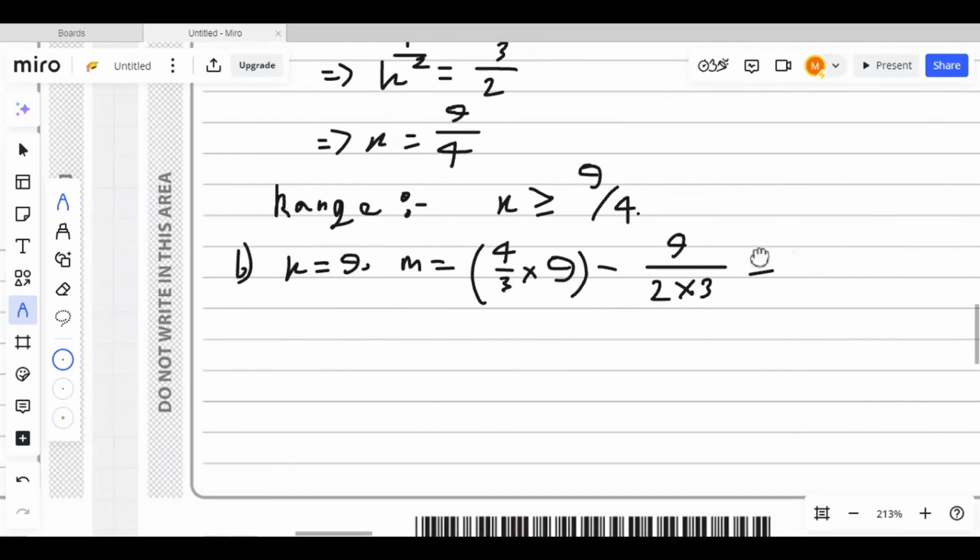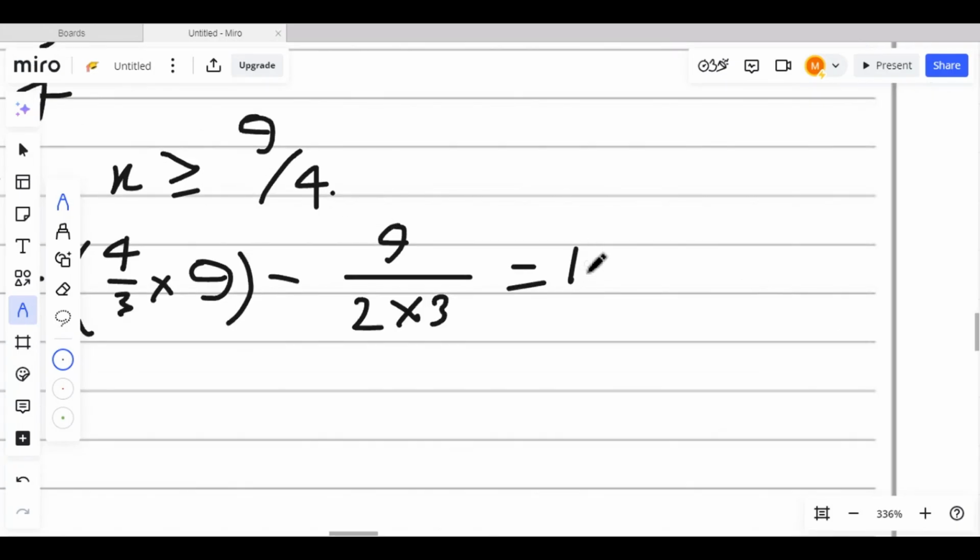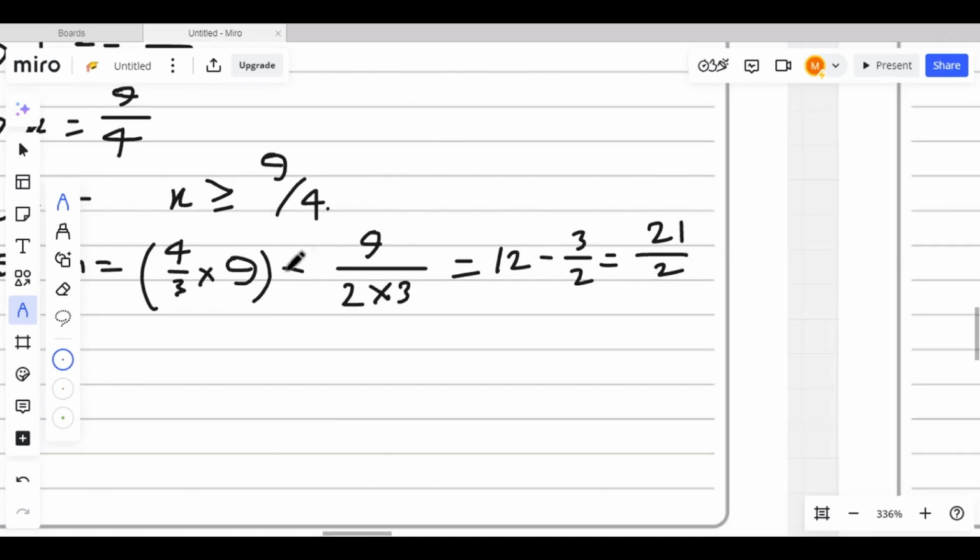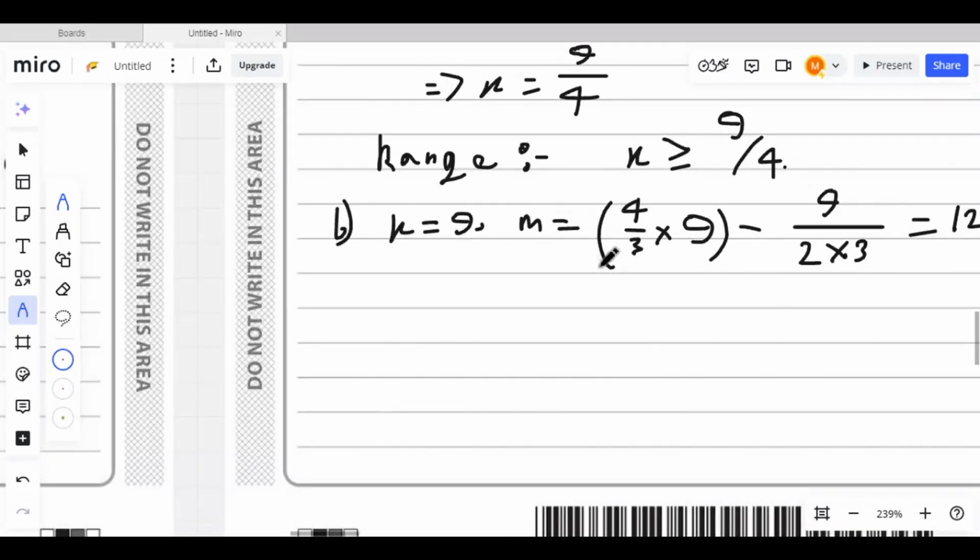So that would be 12 minus 3 over 2. So that would be 21 over 2. This is the gradient of line L.